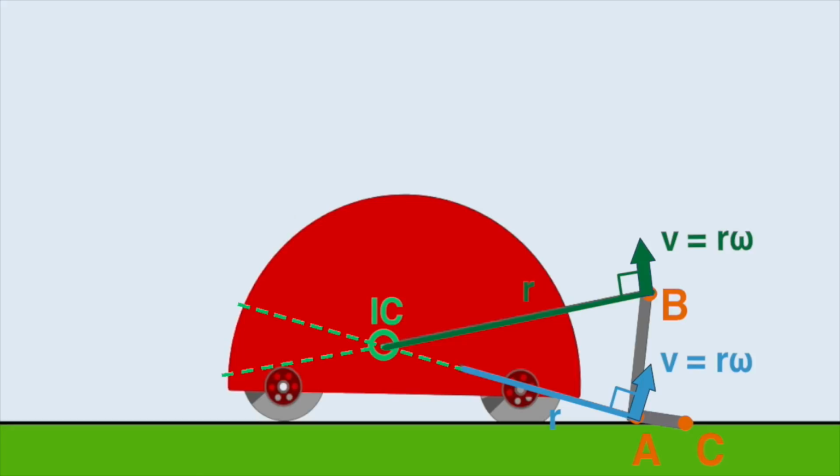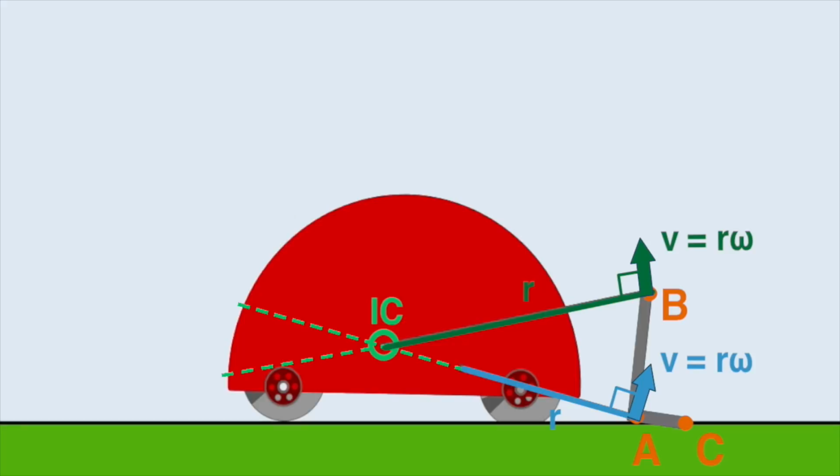So that means that the rotational speed of the coupler can be determined. If we know the rotational speed of the crank that connects from the robot to point A, then we can calculate the tangential speed at A. Once we have the tangential speed at A, if we know the distance back to the instantaneous center for the coupler, we can then calculate, because that velocity has to be the same, the angular speed of the coupler.